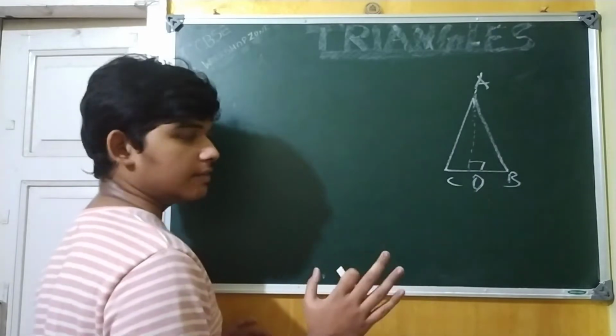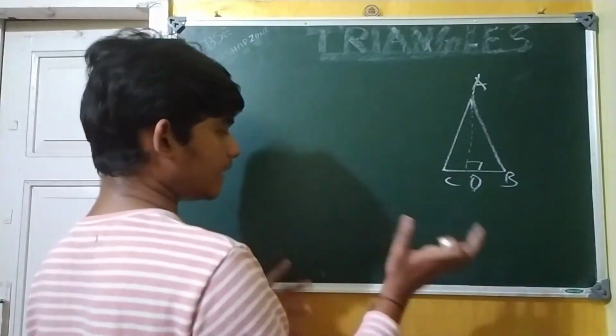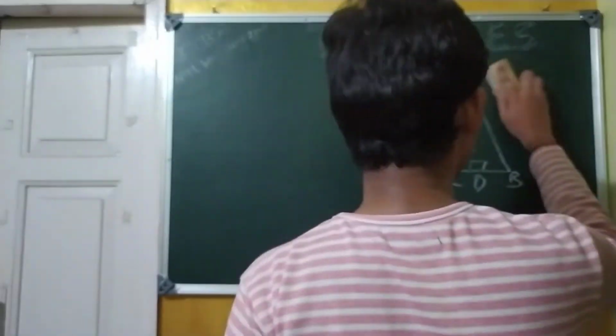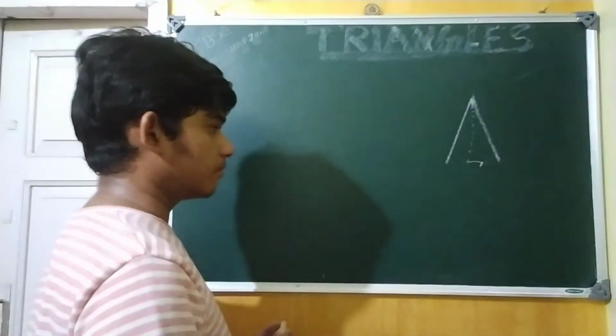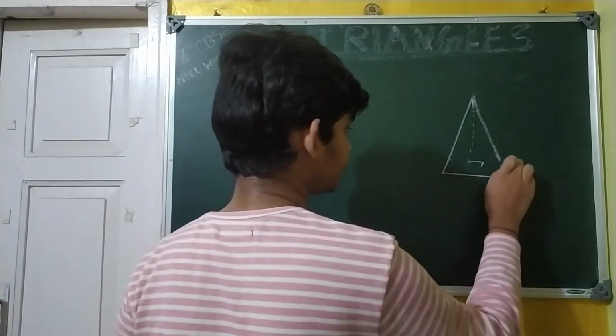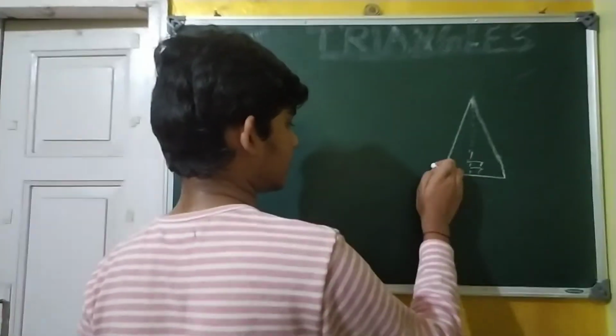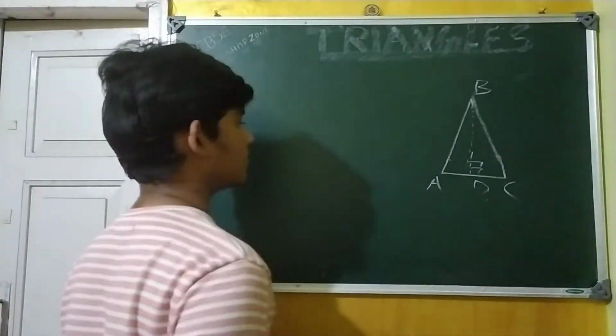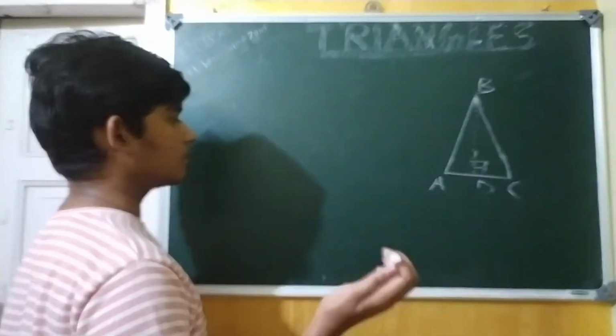Now that we have understood this theorem, let's actually try to do the sum. Let's write A, B, C. So now let's actually try to do the sum.